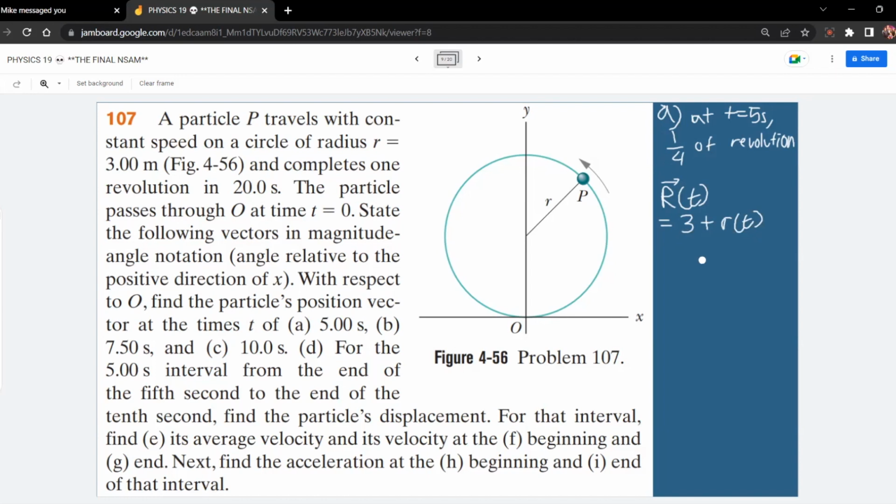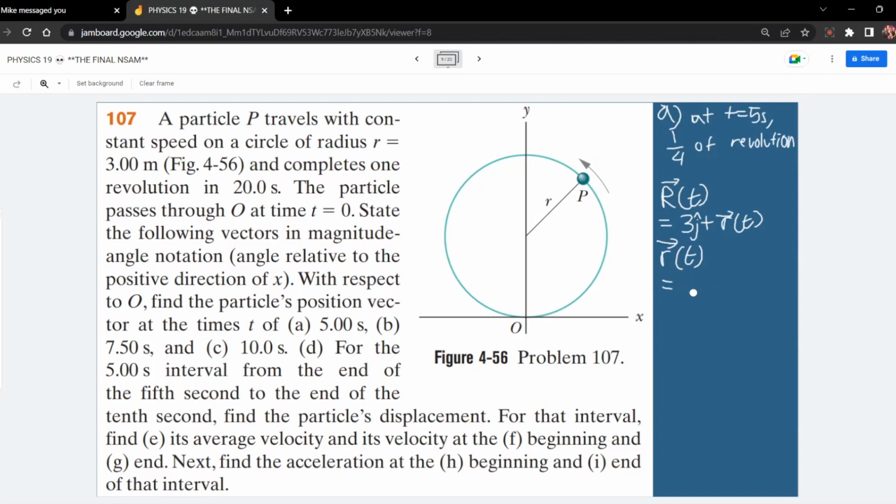Teka, 3j hat yan kasi vector din yan eh. And then yung small r of t na vector. So pakilagyan ng vector sign. Pati yung sa taas.